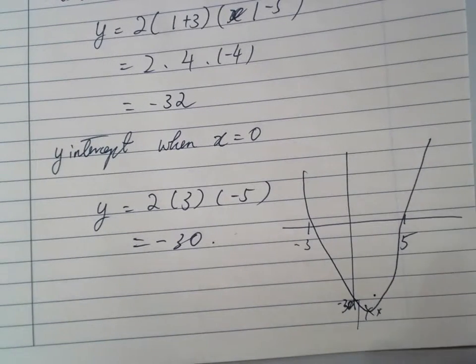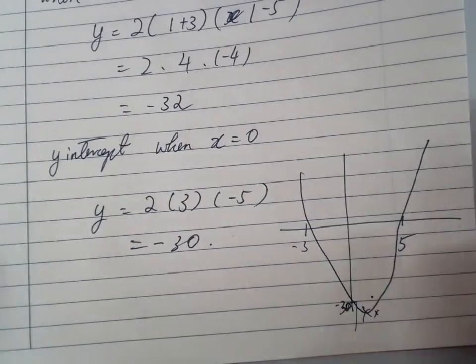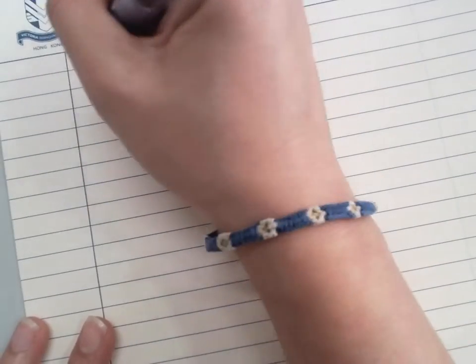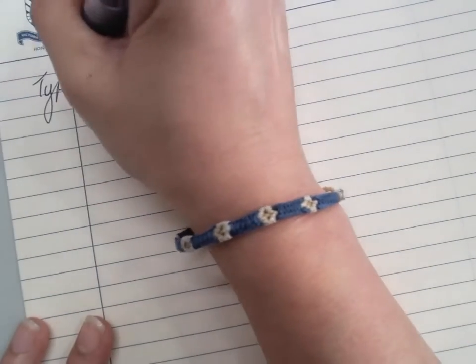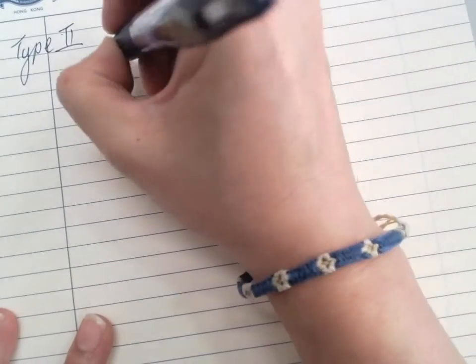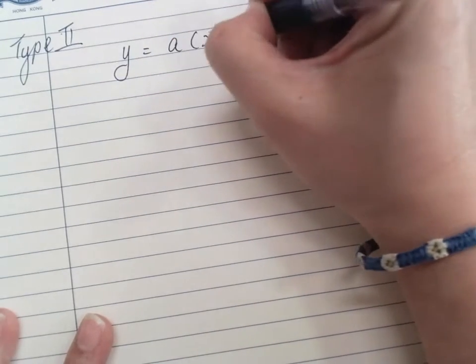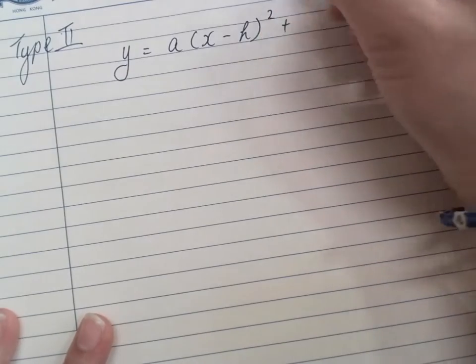Alright, the other type of equation is in vertex form, or you can call it completing the square form. In that case, we have an equation like this: y equals a times x minus h squared plus k.